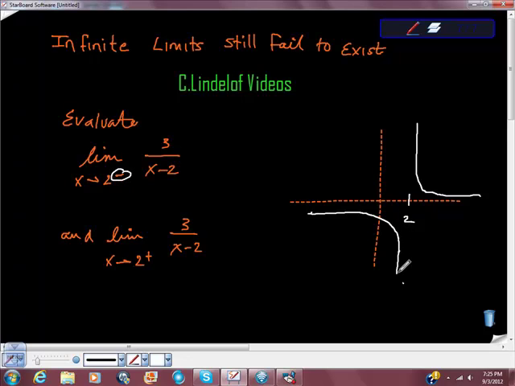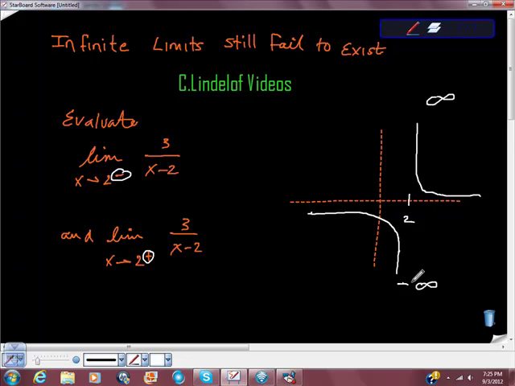It's asymptotic to x equals 2, and it goes towards negative infinity. As we approach 2 from the right-hand side, it gets pushed up toward positive infinity.